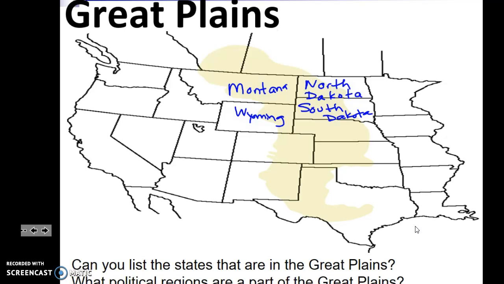And then underneath there we have Nebraska, which is also called the Cornhusker State. A lot of corn is grown out there, a lot of wheat. And then you have Kansas, the Jayhawk State. And to the west of Kansas, you have Colorado. And then below Kansas, you have Oklahoma.